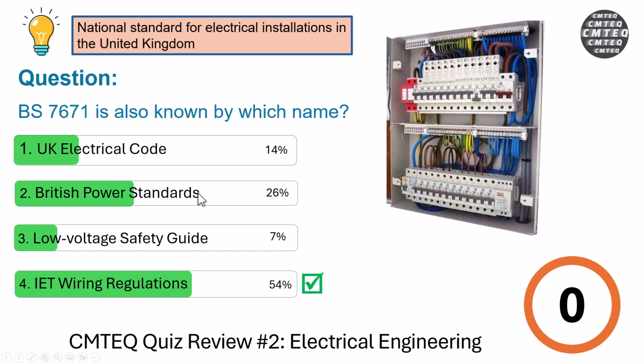Obviously, let's go ahead and elaborate on the BS 7671. What do the regulations actually want from electrical installers? Basically, BS 7671, which is commonly known as the IET wiring regulation, is the principal standard governing all electrical installations in the United Kingdom.